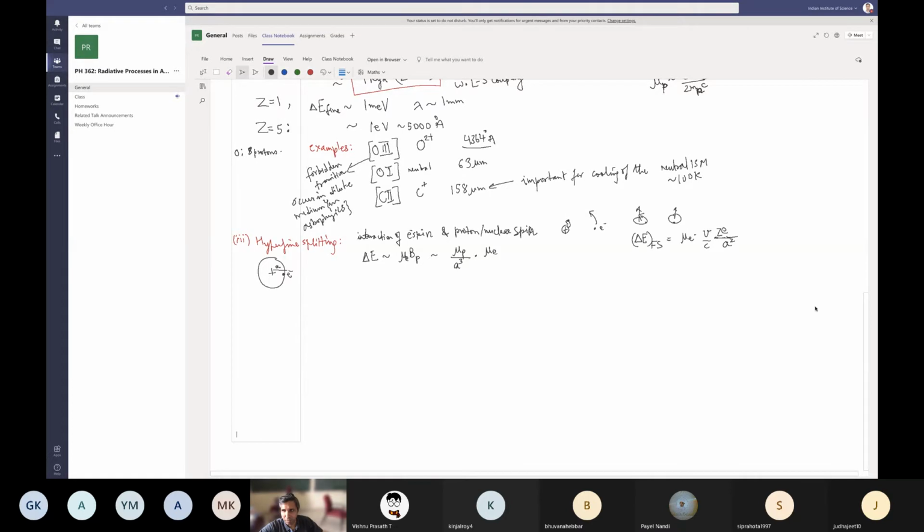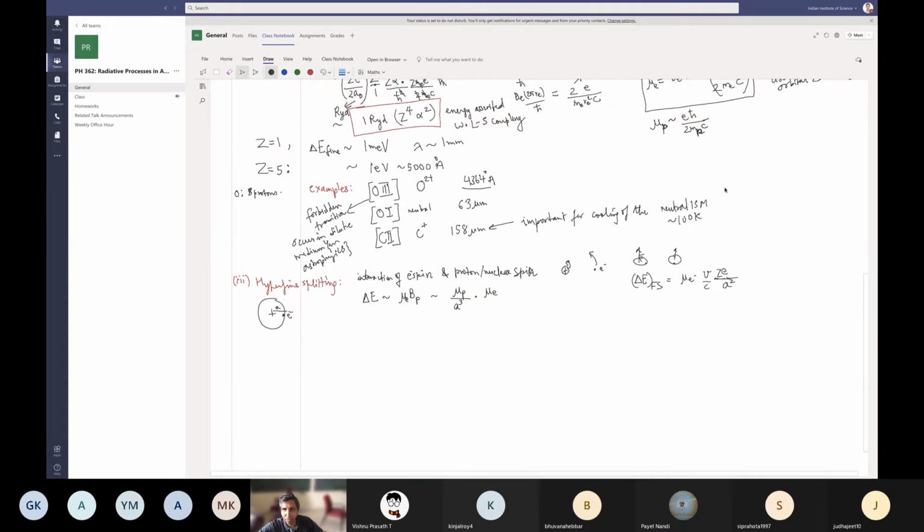You recall, just like we can associate a spin with an electron, there is a proton or nuclear spin which is simply given by this, right? So mu_P is nothing but e h cross by twice M_P c, right?